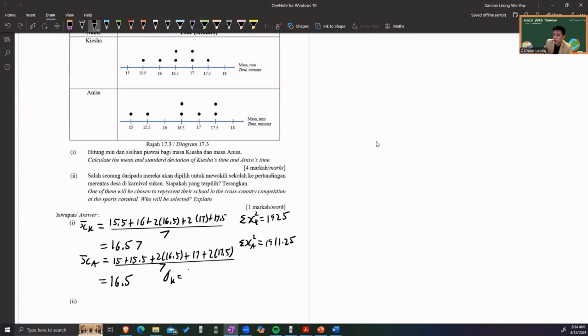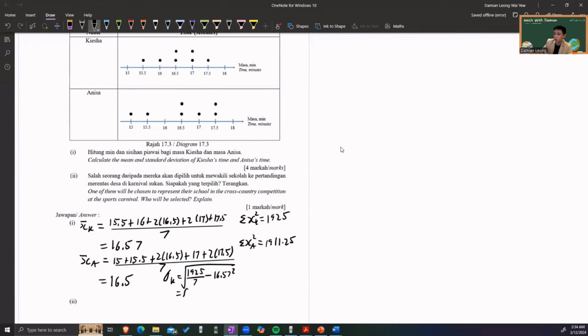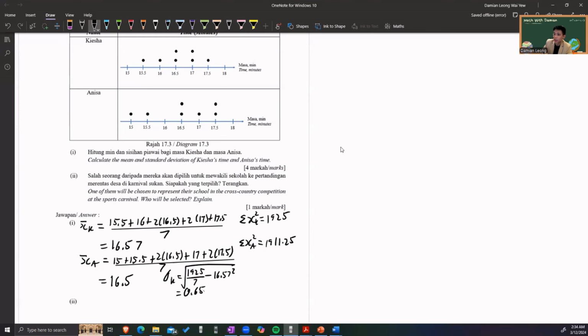Yeah. So standard deviation for Kisha, square root of 1925 over 7 minus 16.57 square. 0.6596. 0.660.